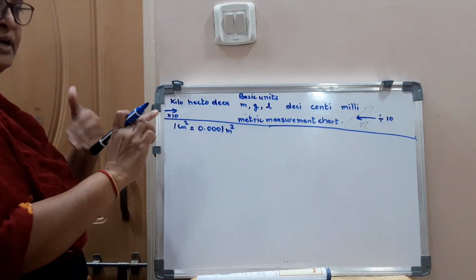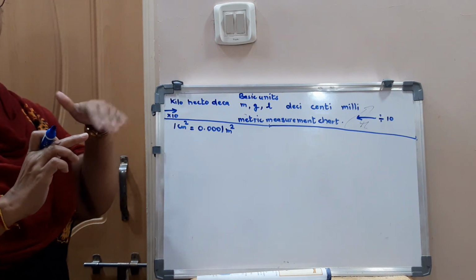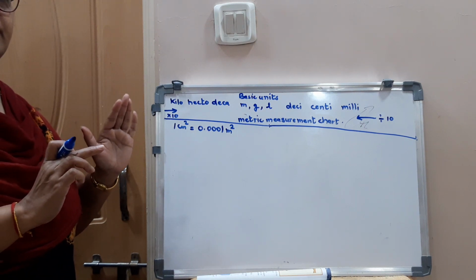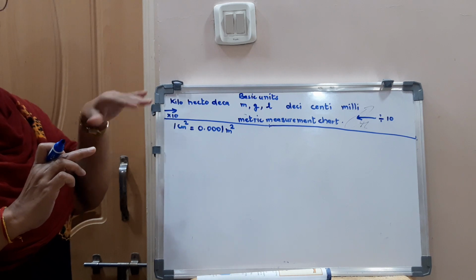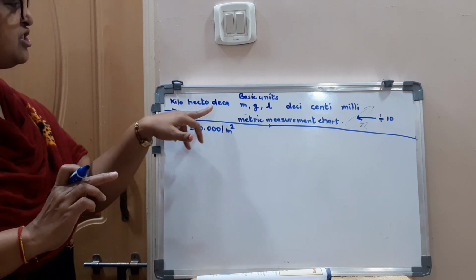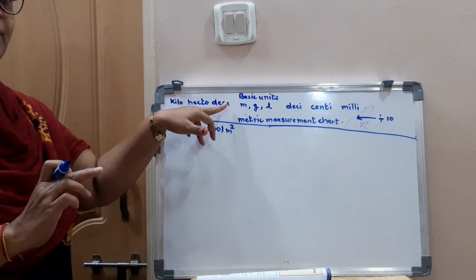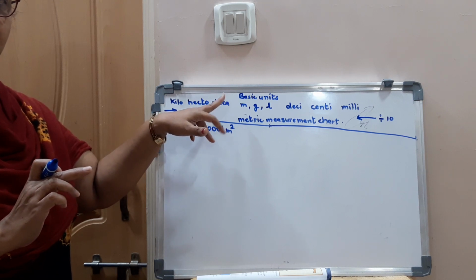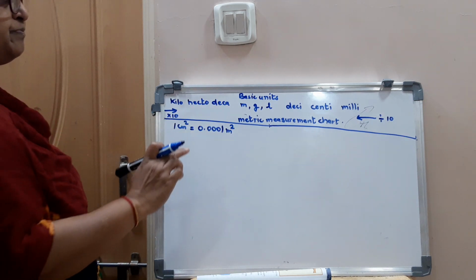In 4th and 5th standard I explained this metric measurement chart by understanding the vowels at the end of the prefixes.